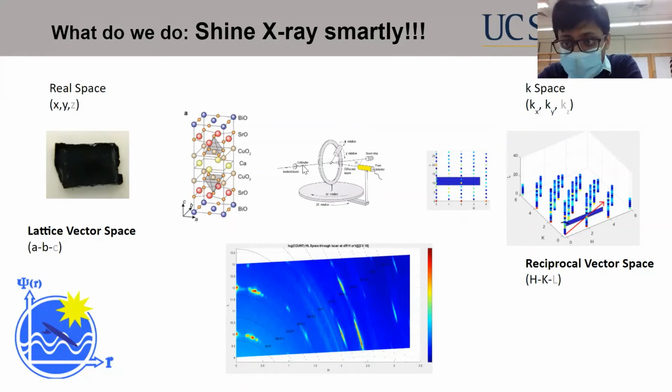Now, this is a very complex material, the kind of material that we study. We shine X-rays on it, exactly like that, in the four-circle diffractometer. We vary omega, vary chi, vary two theta. Theoretically, the right-hand side is how the reciprocal space would look.